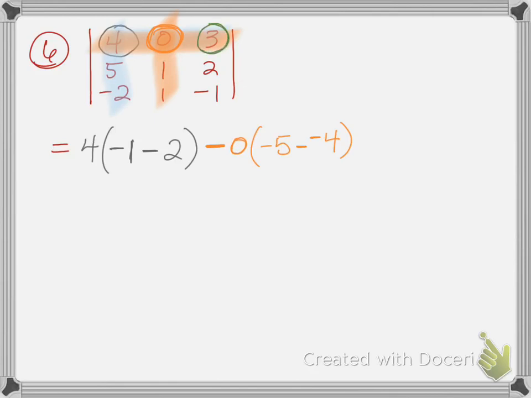And last but not least, let's focus on the 3. So the 3 tells us now to eliminate the top and eliminate the last row.